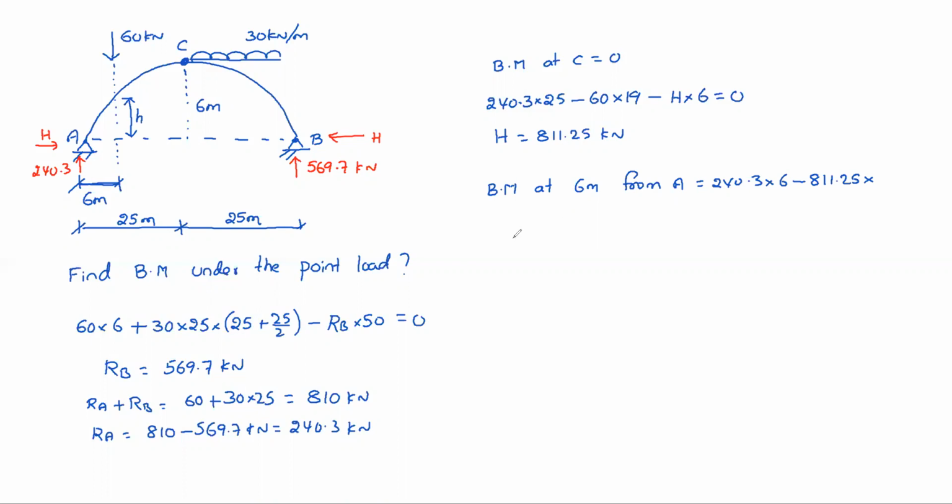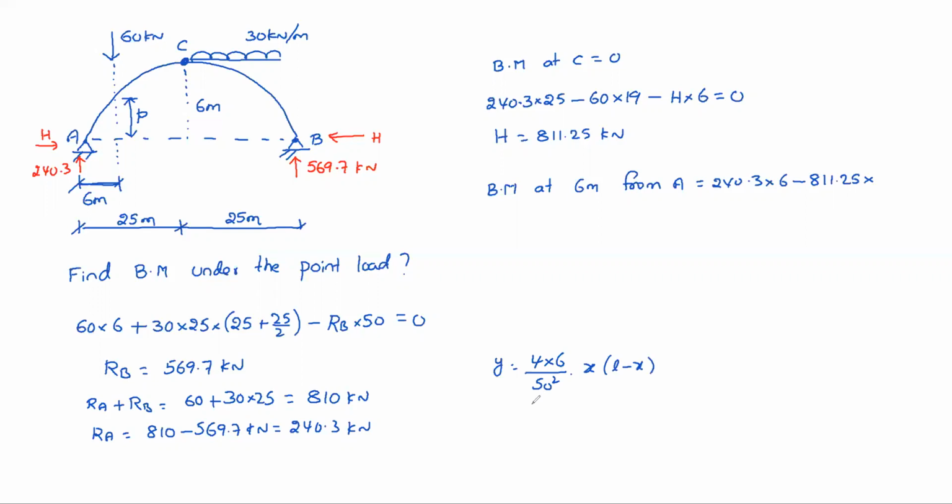We know the relation: y equals 4h by l square into x into l minus x.